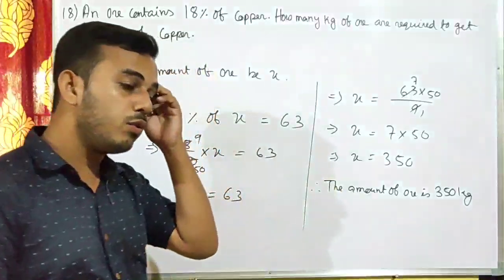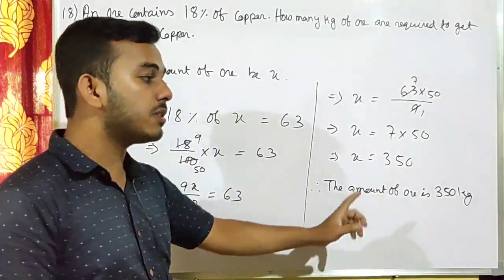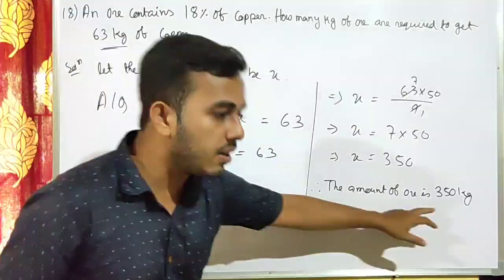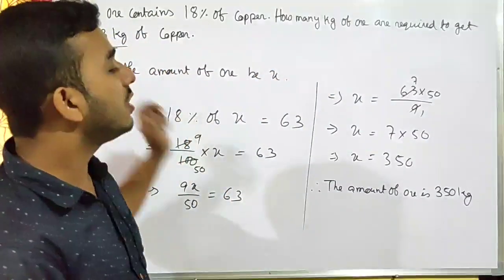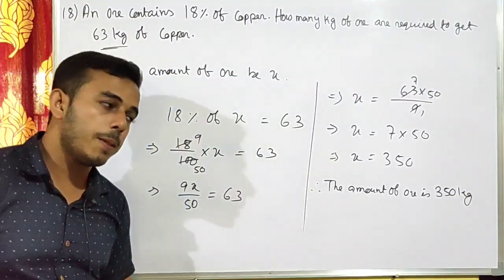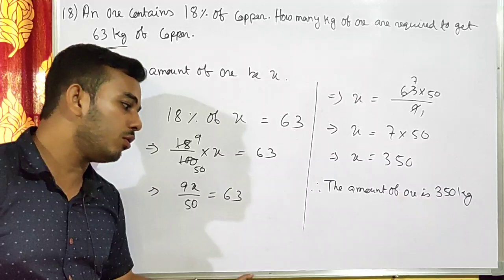If you don't believe it, find 18% of 350, and you will get 63. You can verify it yourself. I hope this is clear to you. If not, please ask me.